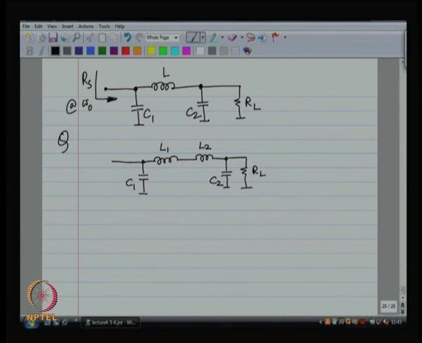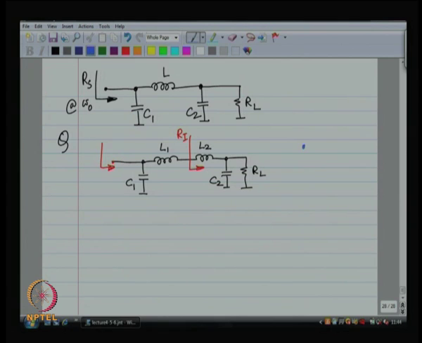Now, at omega naught, I am going to plan to make the impedance looking in from in front of L 2, let us call this R intermediate, purely resistive at omega naught, and at omega naught I plan to make this impedance also look purely resistive.